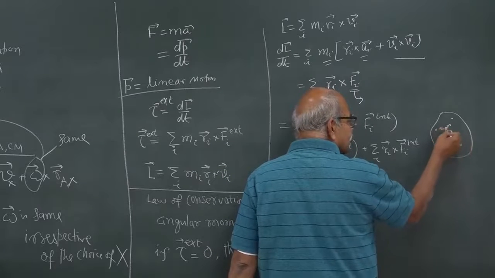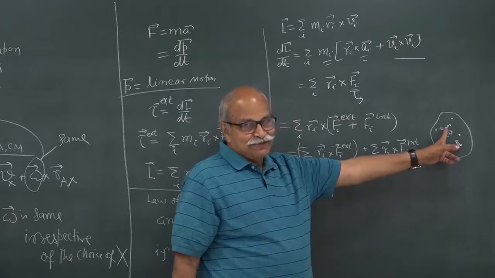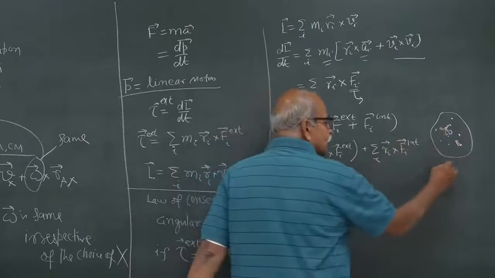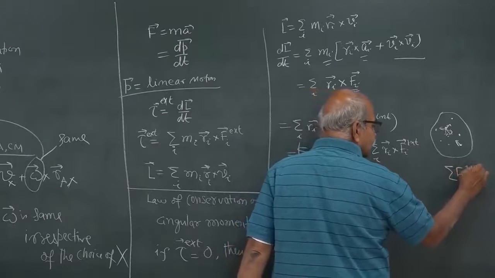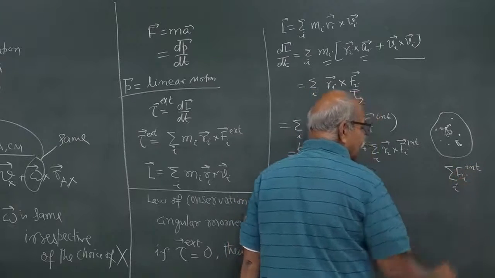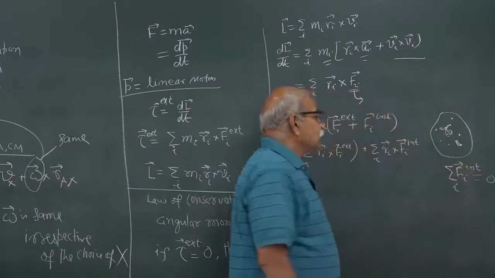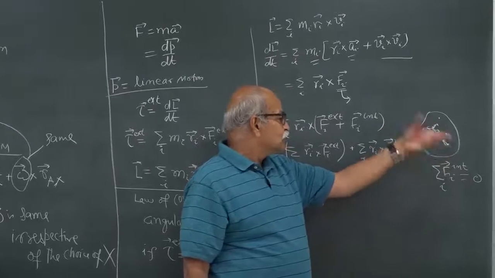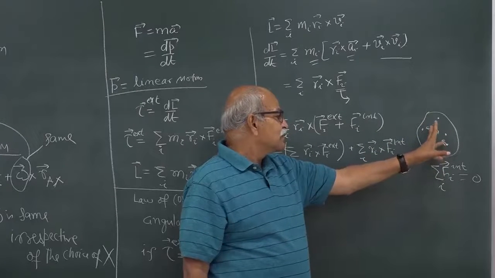This is attracting here and this is attracting here, and that sum will be 0. So, the total summation of F_i internal over all the particles will be 0. That is fine, that is Newton's third law. These two particles are attracting or repelling or doing whatever, and the magnitudes are the same, the directions are opposite.